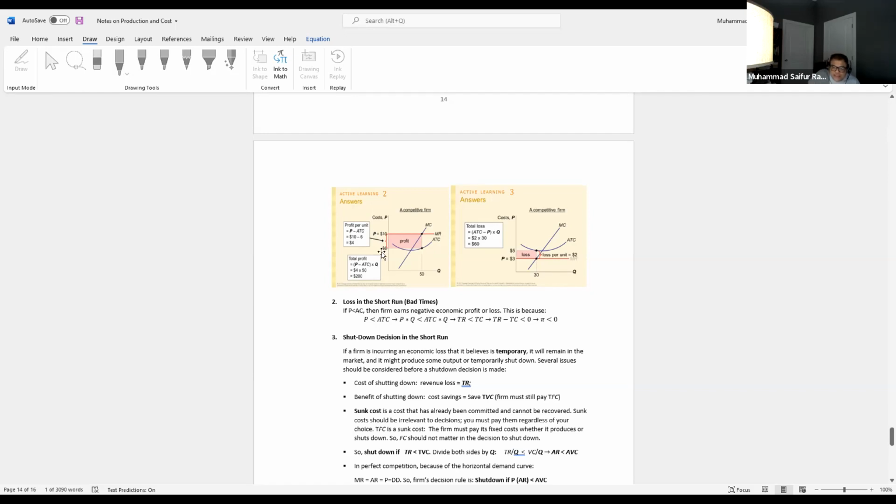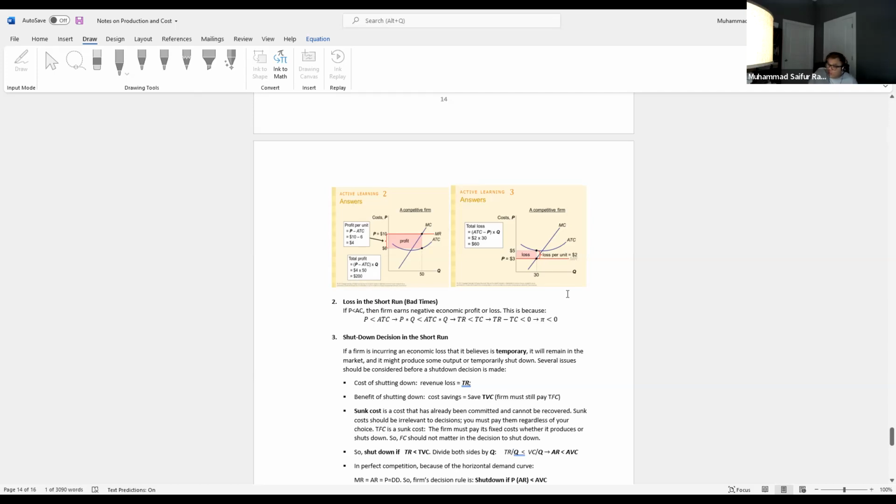Your price is greater than your average cost. Your price is 10, your average cost is 6, so your profit per unit is P minus ATC, which is $4, and then your total profit is (P minus ATC) times Q. You see that it's 200.